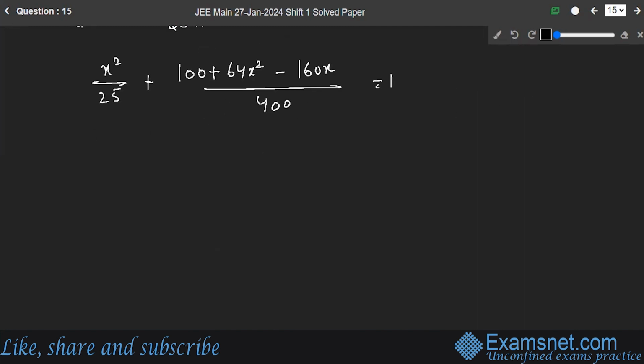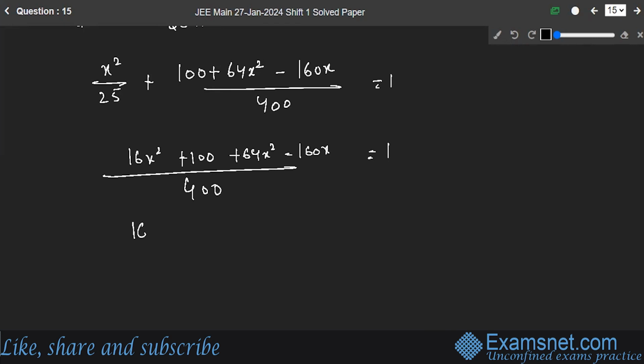Now let's take the LCM. This will be 400, and here will be 16x square plus 100 plus 64x square minus 160x is equal to 400. Okay, 16x square plus 64x square will be 80x square plus 100 minus 160x is equal to 400, dividing both sides by 40.